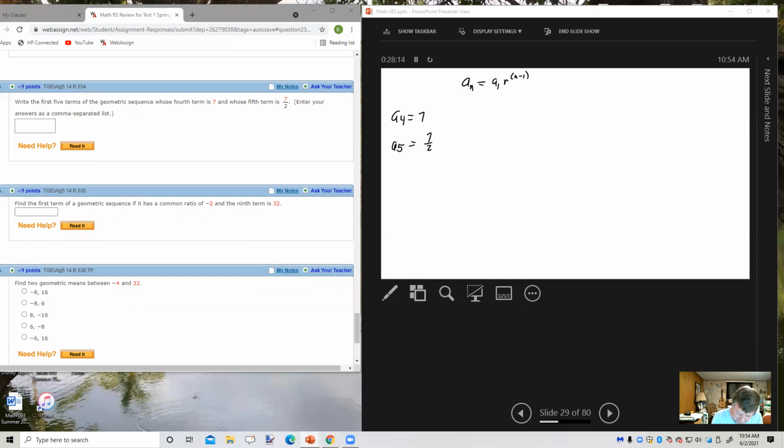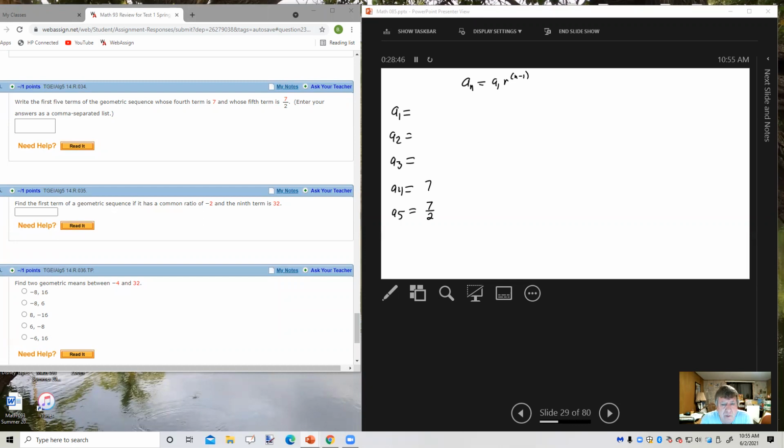Let's see here. What I should have done, I'm going to erase this for a minute here. Let's make some more room there. So what I'm going to do is this, because we're supposed to find the first 5 terms. So a sub 4 is 7 and a sub 5 is 7/2. All right.